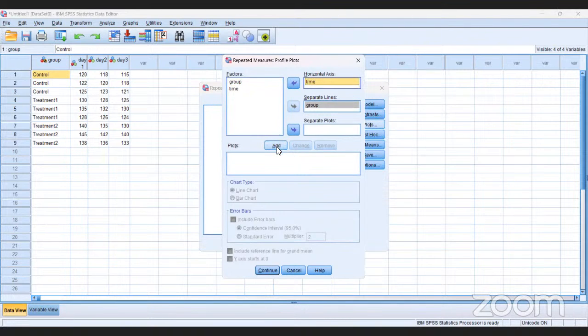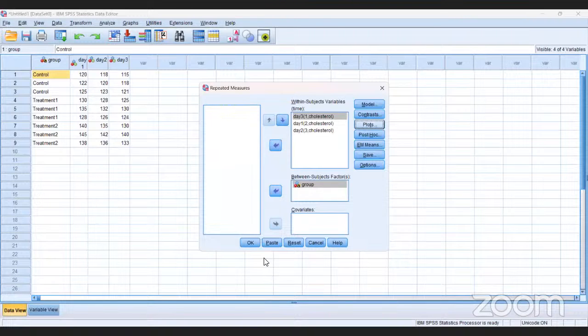Then you click the add. So if you click add, then you will get the time and group interaction. And the chart type will be the line chart. Next, you have to click the continue. Then OK.